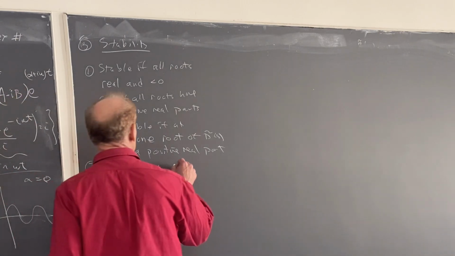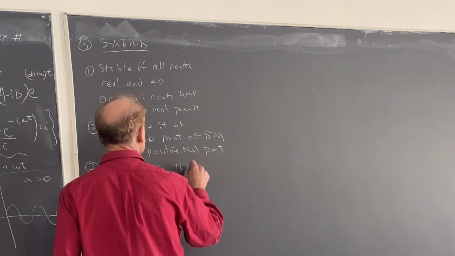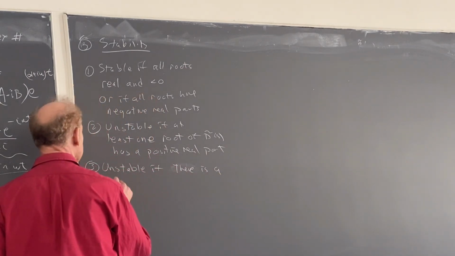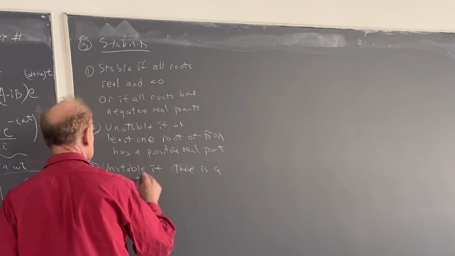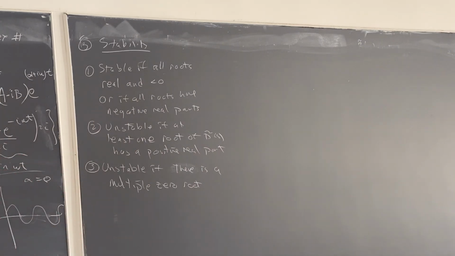So if there is a multiple 0 root, so if the polynomial has root 0 more than once, in other words, if I have an s squared in the denominator, or s cubed, s to the power greater than 1 in the denominator, then this is going to give me a multiple root of 0, and as long as n is 2 or greater, then it's going to be unstable, no matter what the other roots are doing.